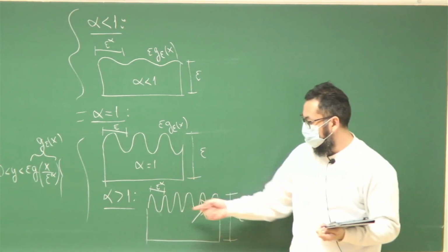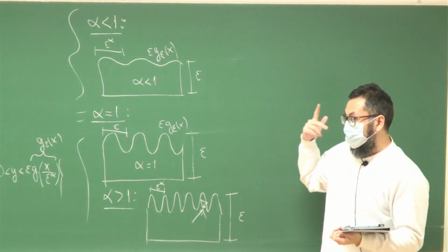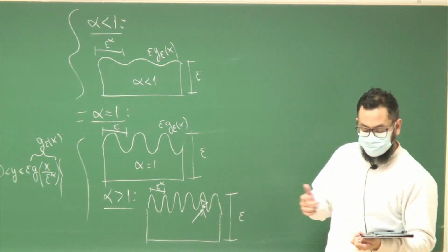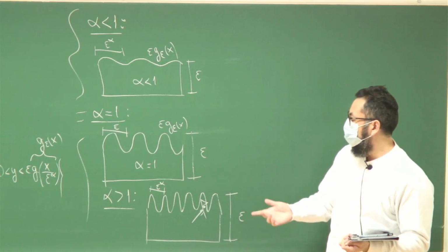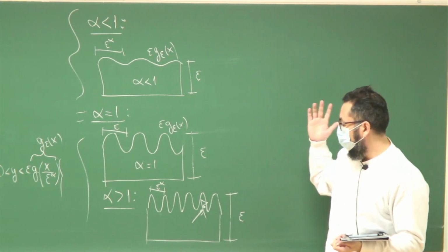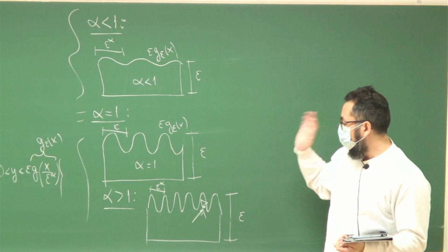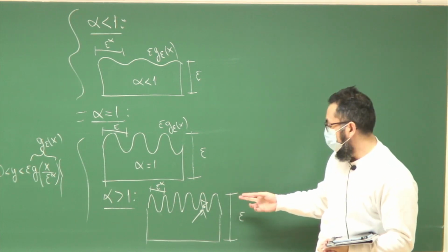So it will leave this rough part. In general, for the heat equation, like Poisson equation, Stokes equation, and so on, usually what happens?